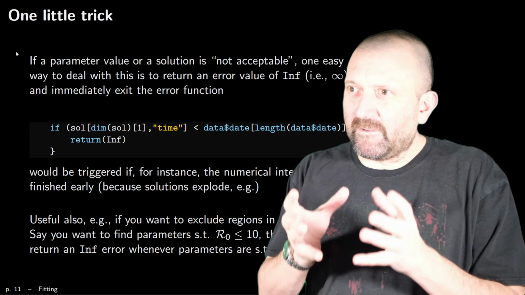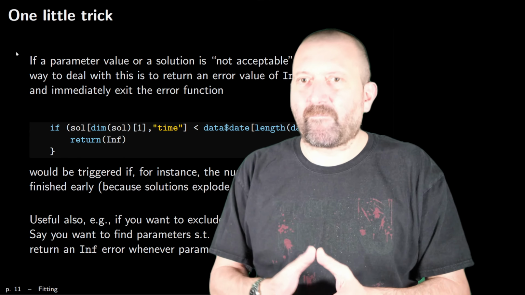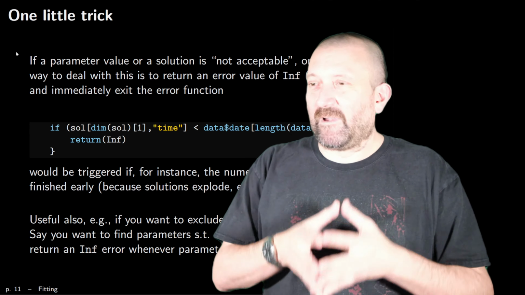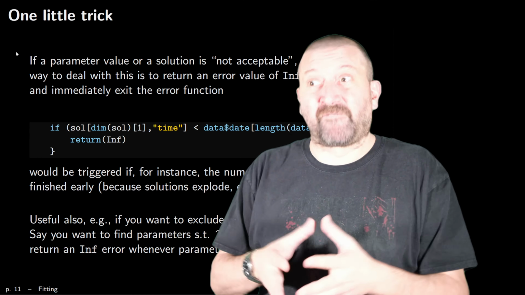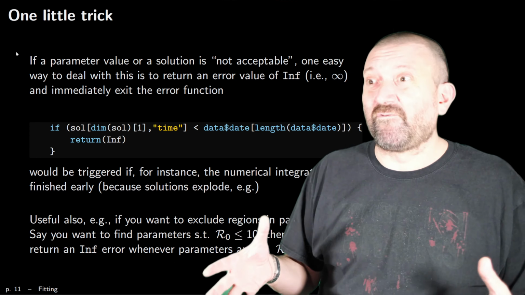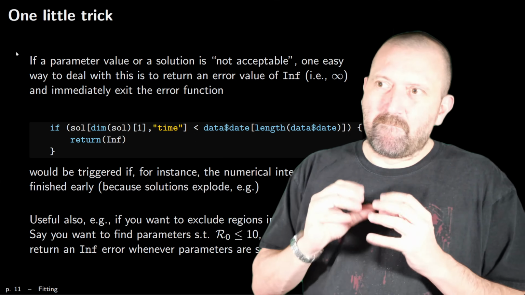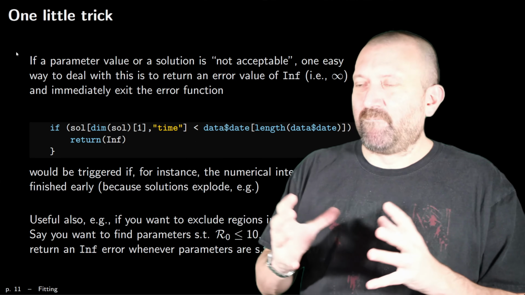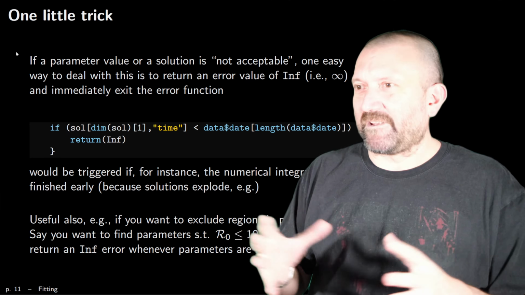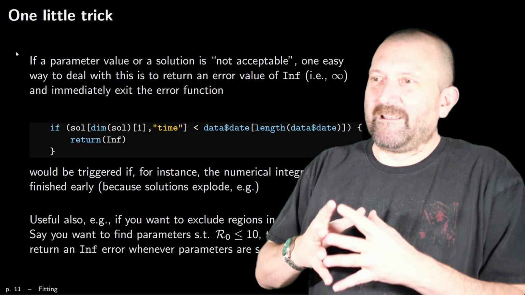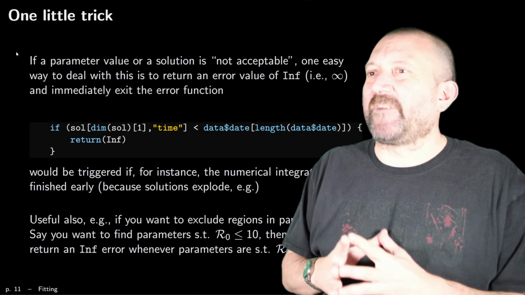And remember, I'm going to be using a program that wants to minimize things. So if my error is infinity, this is clearly not a good solution for a minimum. By doing this, I'm making the code that I'm using to do my optimization be aware of things I want to avoid.